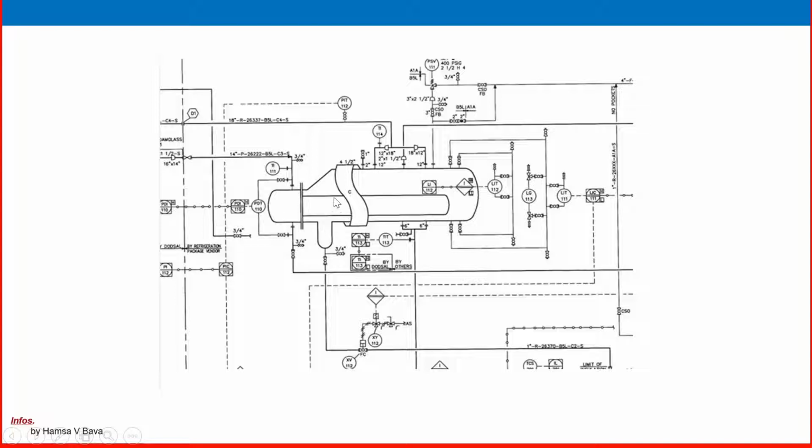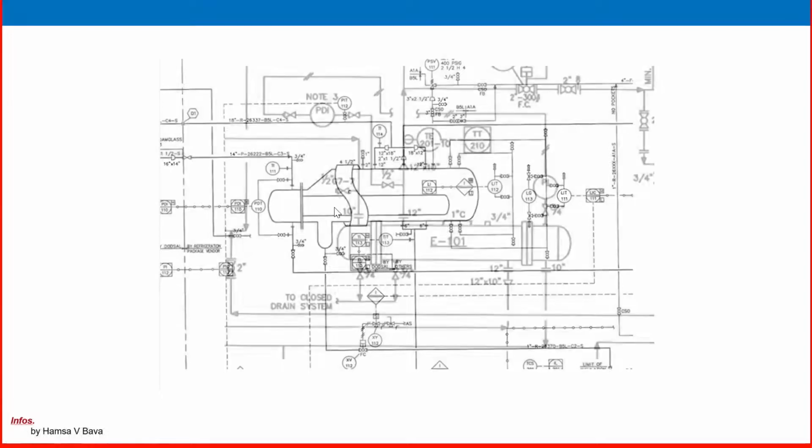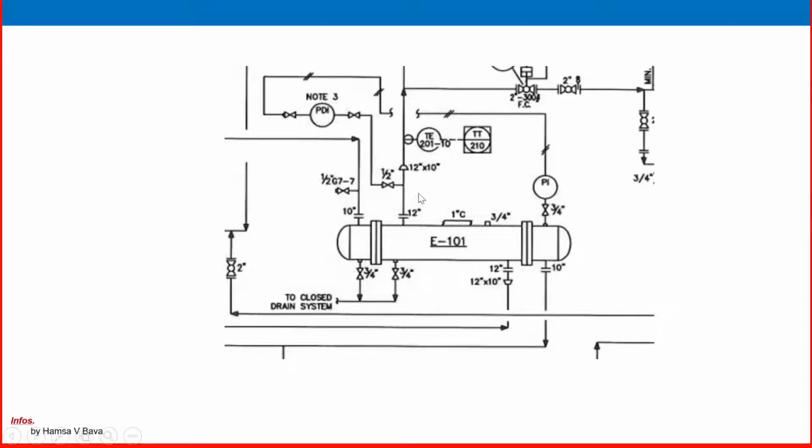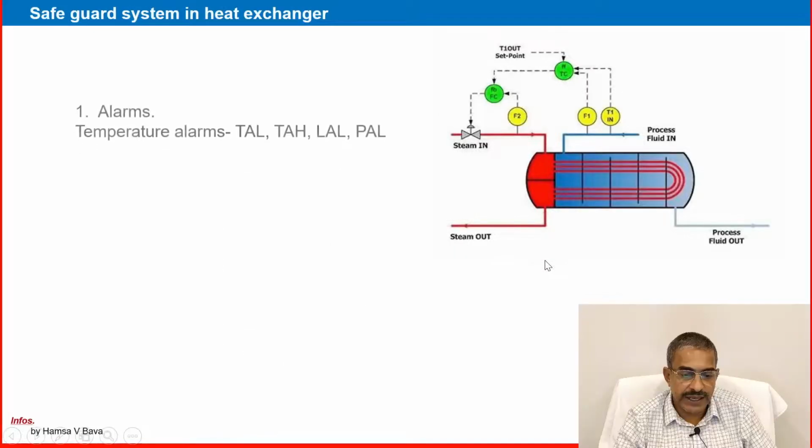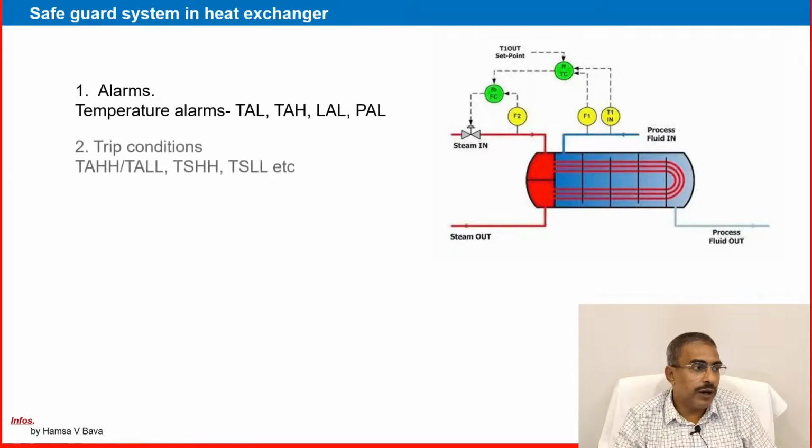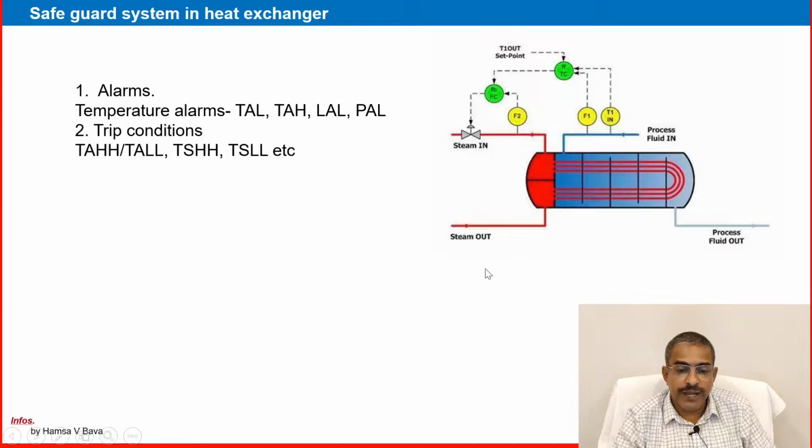So we have to cross check and do further inspection. Here also in this one PDI is there. So always on the shell side they do differential pressure indication, or the pressure itself shows the indication, to confirm that both fluids are not mixing and the tubes are not leaking.